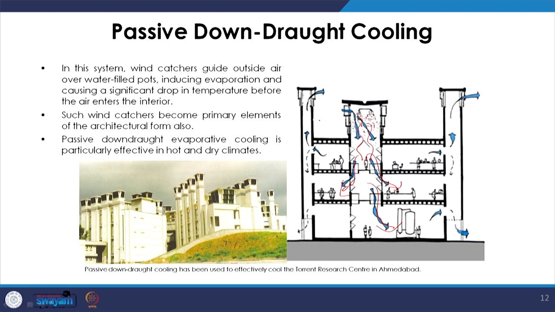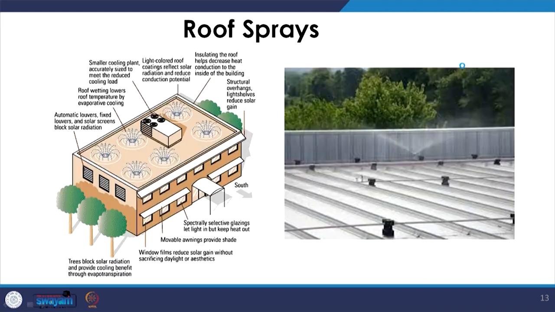Then it is clubbed with these wind towers where the exhaust air, the heated air, is taken out through these wind towers. Now, these wind towers are provided in such a manner that the prevailing wind exhausts this hot air for a large part of the year and no mechanical exhaust is required.